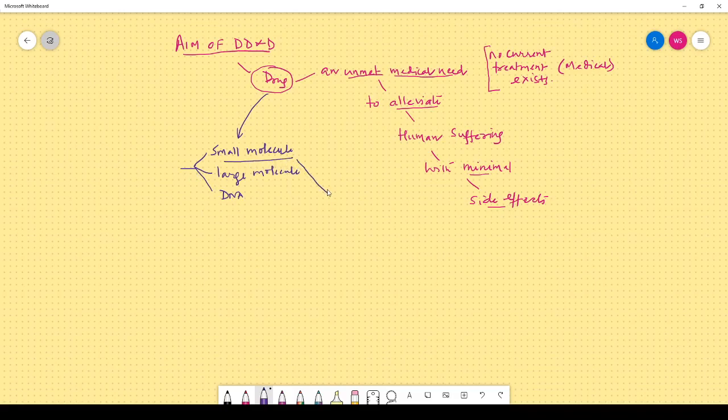A small molecule is a chemical entity having a molecular weight less than 1 kilo Dalton. Okay, meaning less than 1000 Daltons.